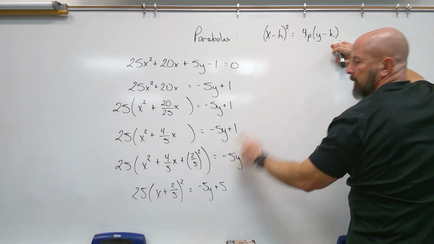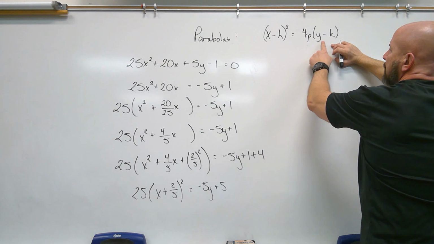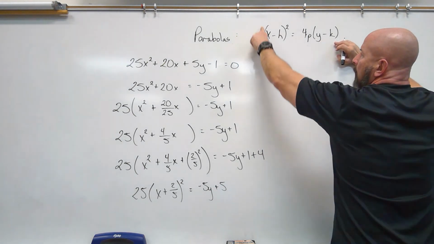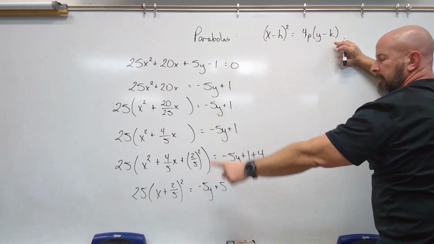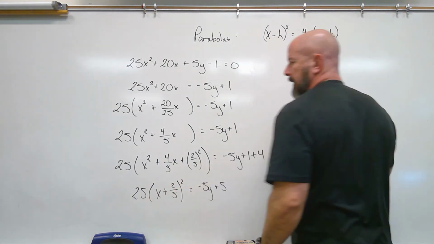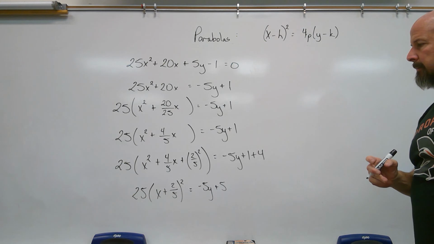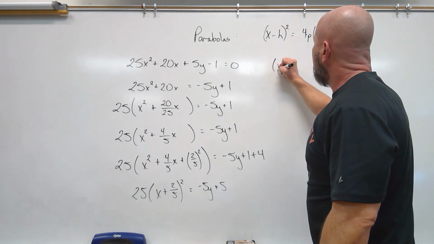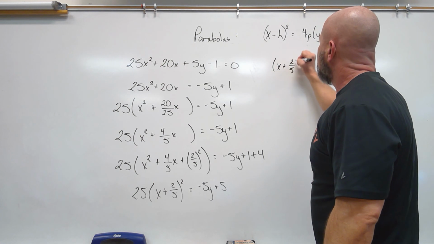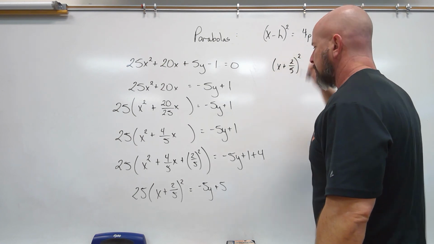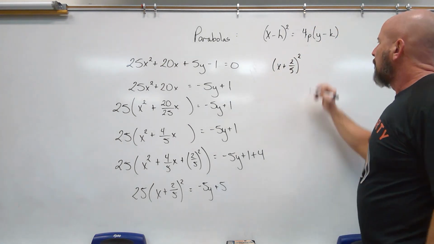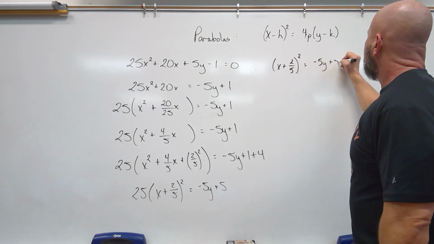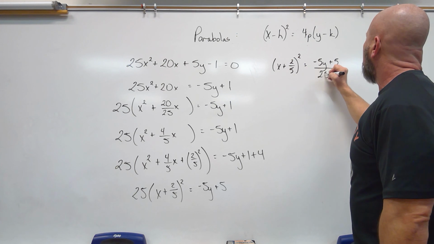I can see my square here. I can see some y's over here. I'm getting closer. No coefficient here. That's going to tell me get rid of that 25. So if I divide that 25 over, I'm going to have x plus 2/5 squared equals negative 5y plus 5 over 25.